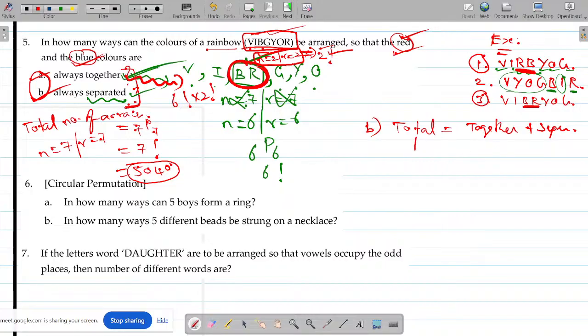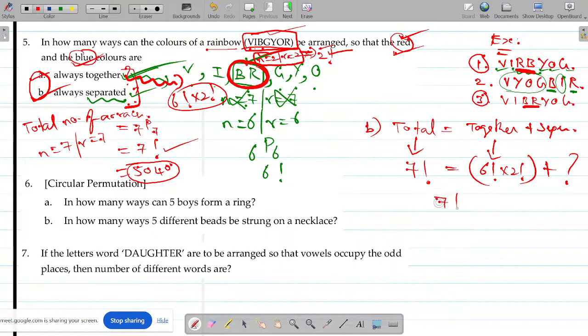In how many ways can you arrange in total? 7 factorial. In how many ways can you arrange them together? This is the answer: 6 factorial into 2 factorial. So obviously, in how many ways can you separate them? 7 factorial minus 6 factorial into 2 factorial. So this is the answer.